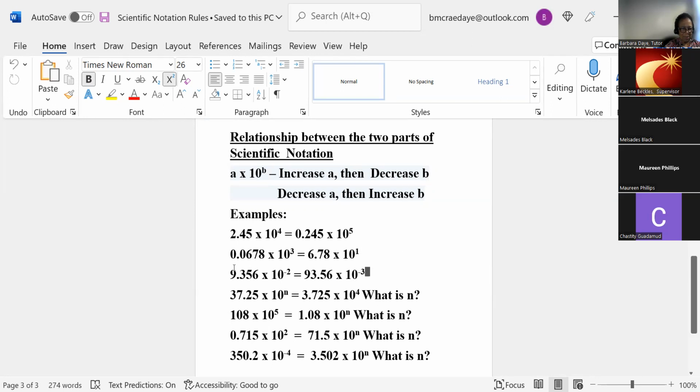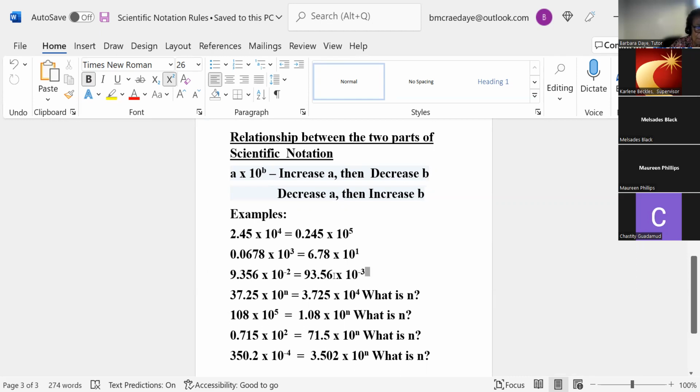Now look at this one. 9.356 times 10 to the minus 2 to 93.56. Is that an increase or decrease, Maureen? 9.356 to 93.56. Is that an increase or decrease?